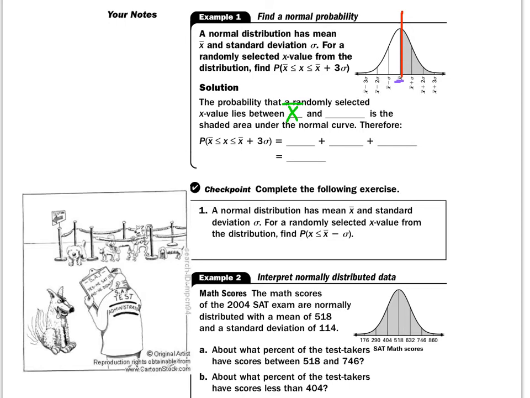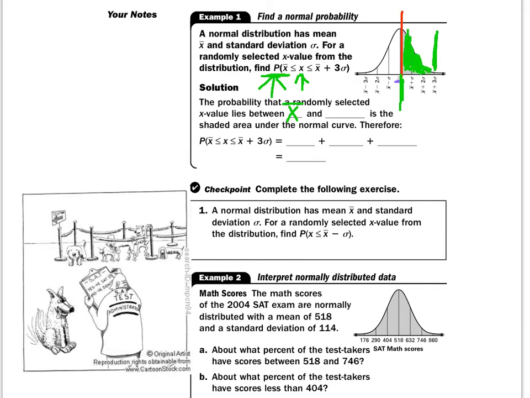See, what they're asking for is the probability. That's what that P stands for, right there. It's all the stuff we have shaded right here. What's the probability that you would be in here?